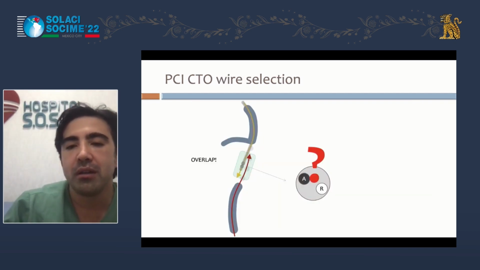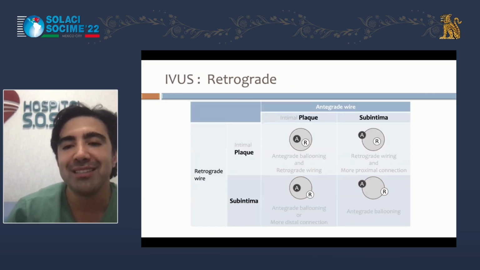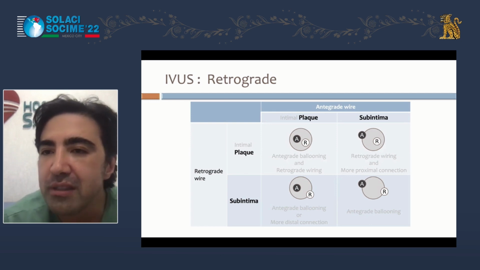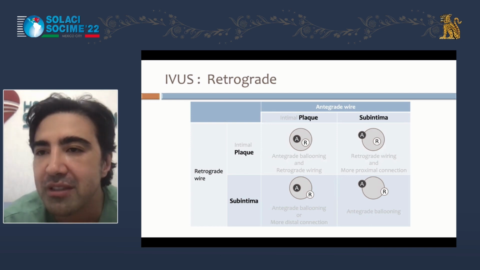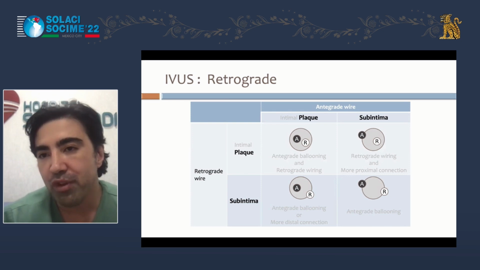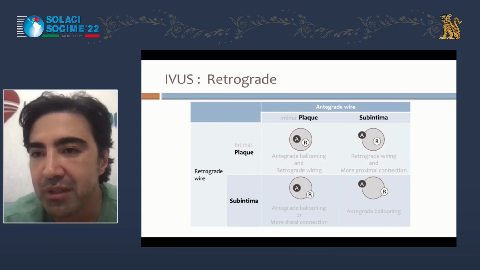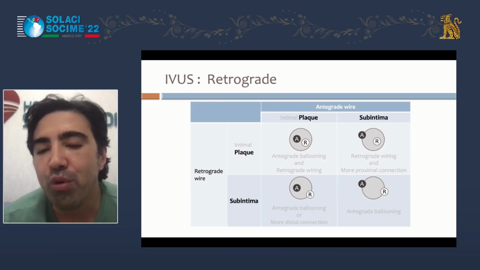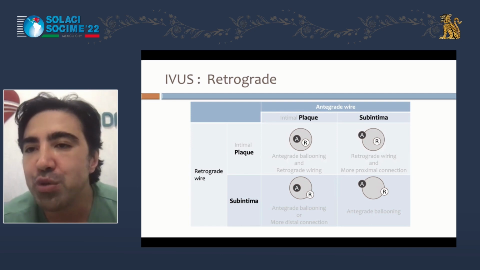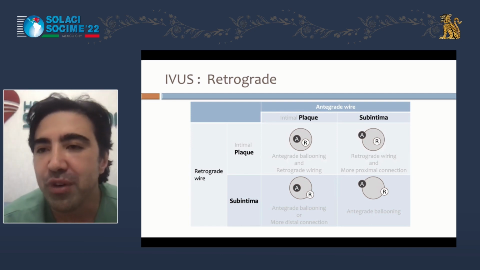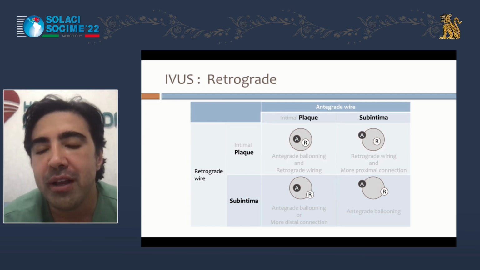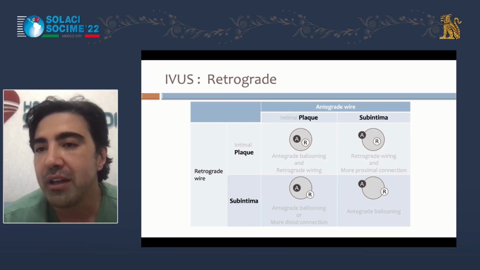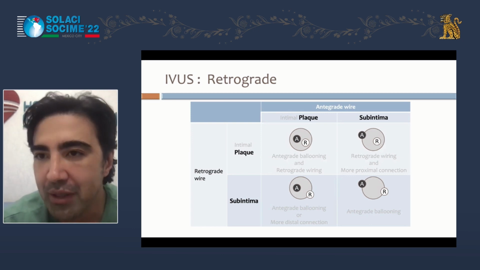But you have four positions of the wires, and this is the advanced IVUS understanding. For me, this is the most important slide of this presentation. When you have both the antegrade and retrograde wires in the intimal plaque, as in the first figure at the left, it's just ballooning, and the retrograde wire will go up easily.